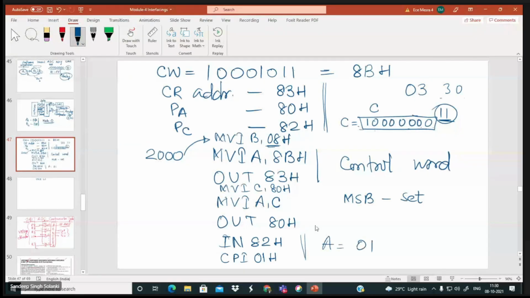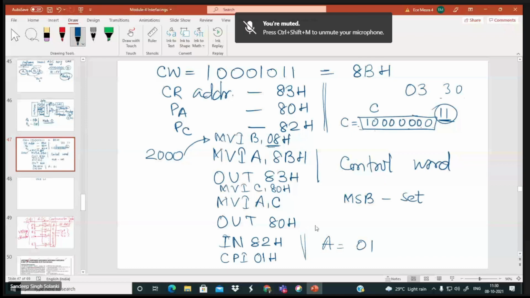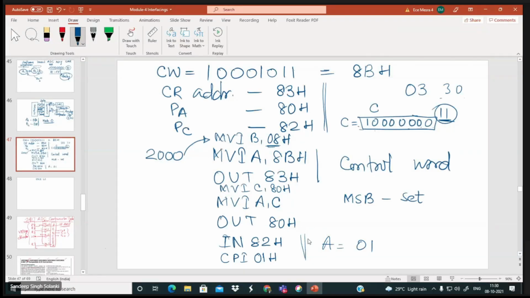Yes, sir. So we have to use MVI A comma C again. We have to put the content of register C into accumulator again and then use RLC.